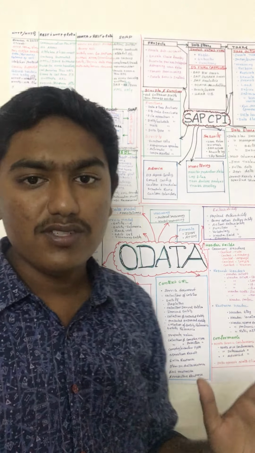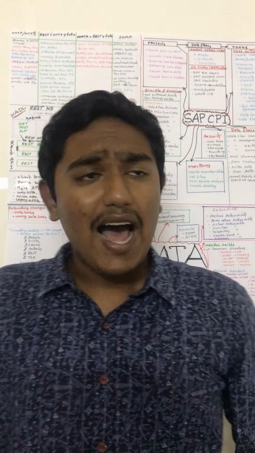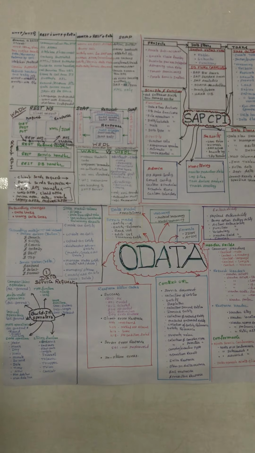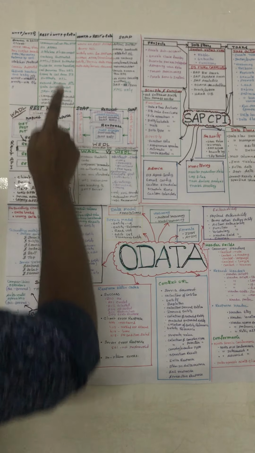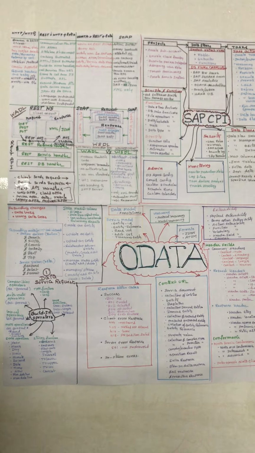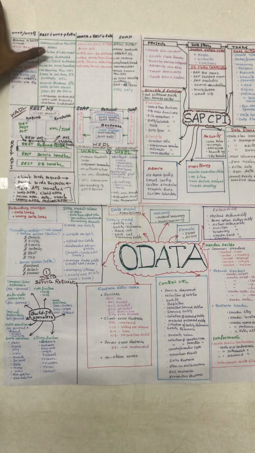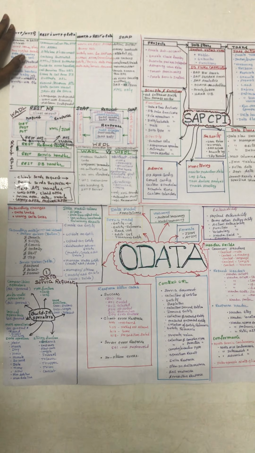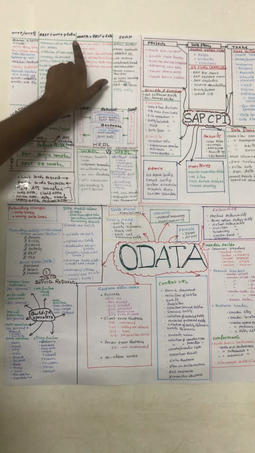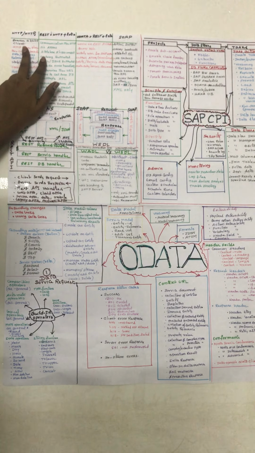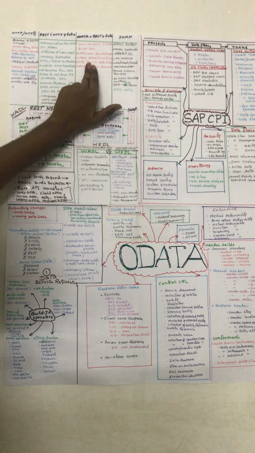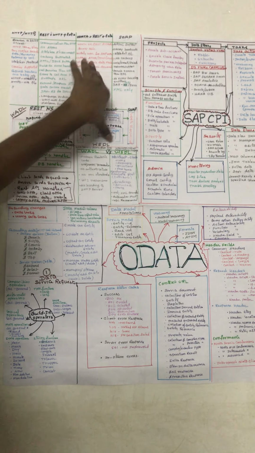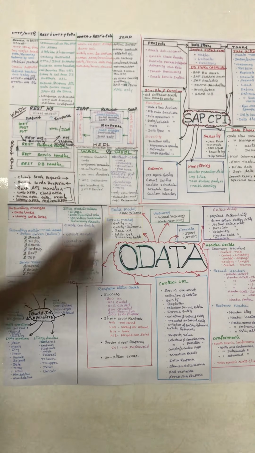So the entire process goes like this. For these things, the first thing you have to learn is HTTP methods, like get, post, put, all these methods. And the REST framework, all the REST application program interfaces, you have to know. After learning these two, you have to learn OData, as it completely runs on REST principles. Then you have to learn SOAP.